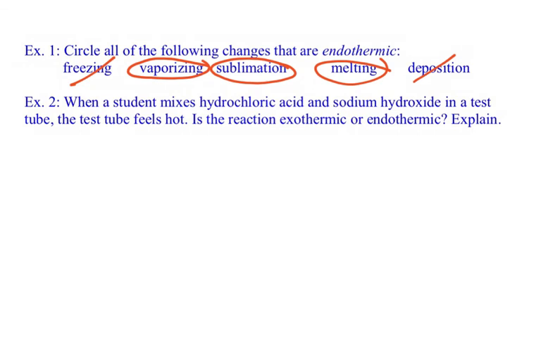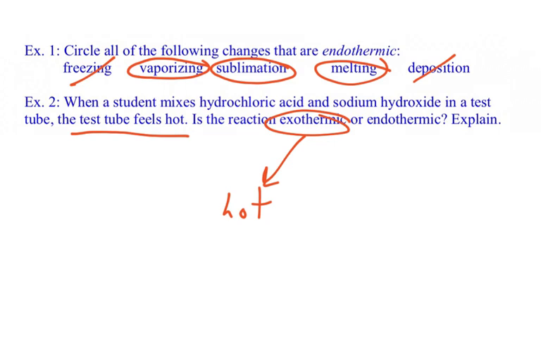And then in the final example, when a student mixes hydrochloric acid and sodium hydroxide in a test tube, it says the test tube feels hot. This is a key word right here. Test tube feels hot. So is the reaction endo or exothermic? Now, here we're talking about a chemical reaction. So if you have a test tube and the test tube feels hot, what we said earlier is that when something is exothermic, the reaction is releasing heat, so the test tube will feel hot.